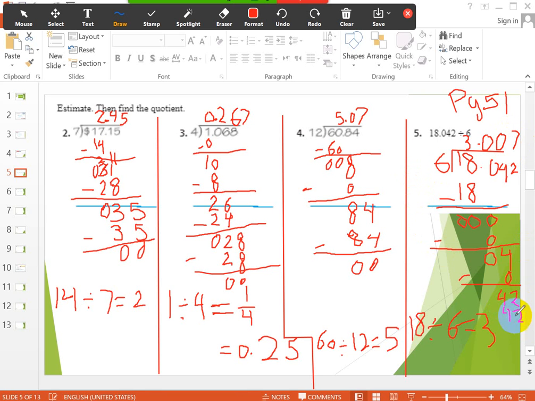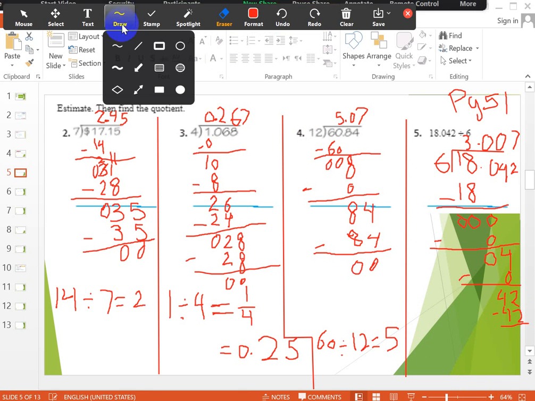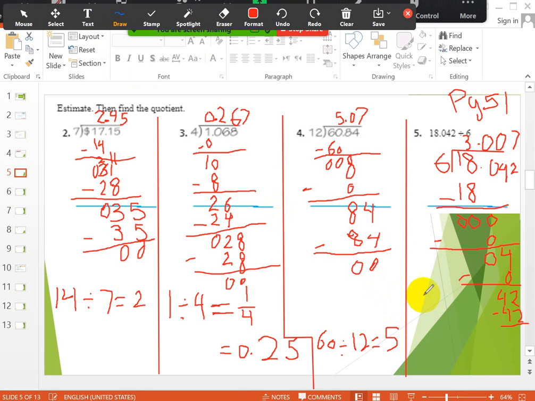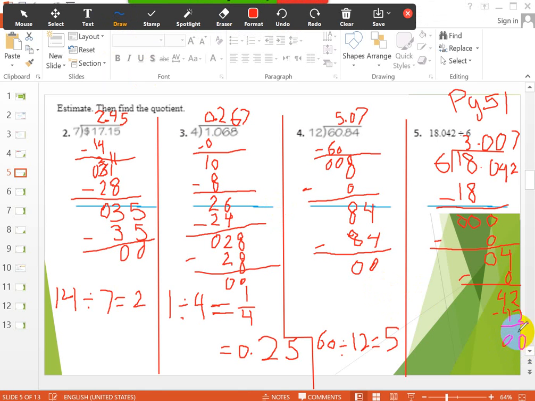Then if you subtract, I will erase the estimation. So the remainder will be what? It will be 0. Okay? So what is the answer? 3 and 7 thousandths.